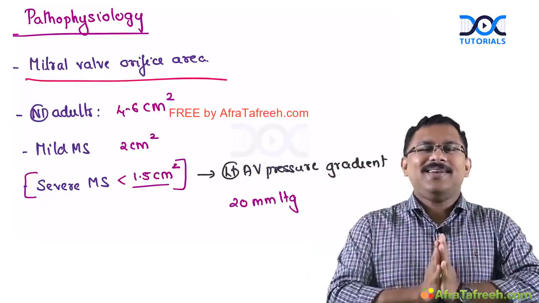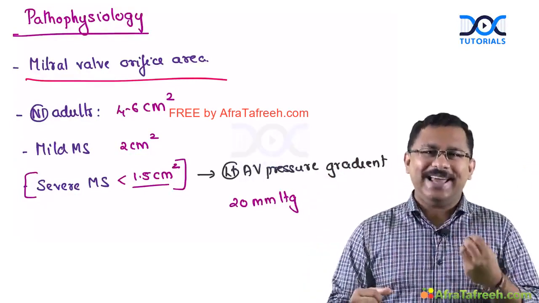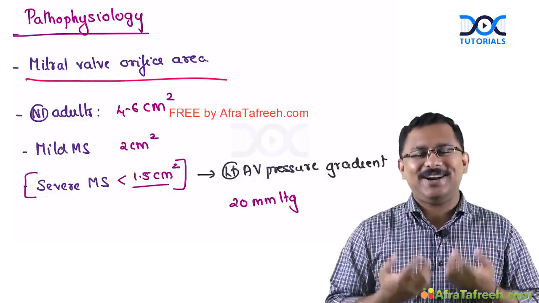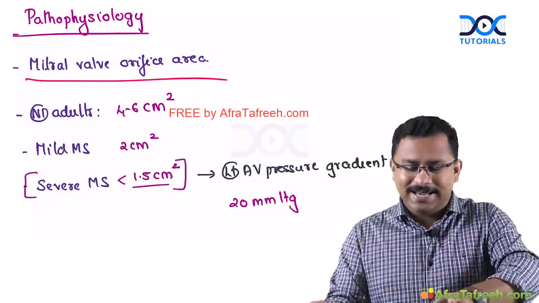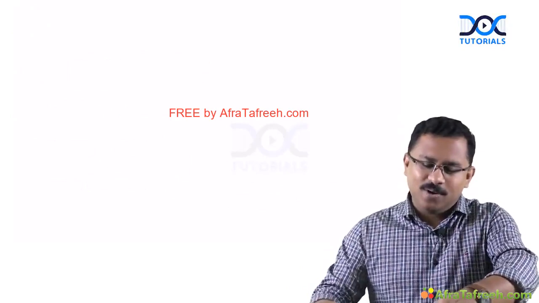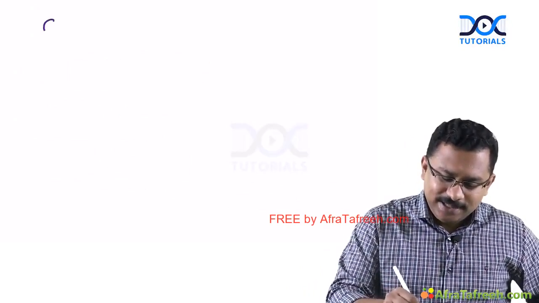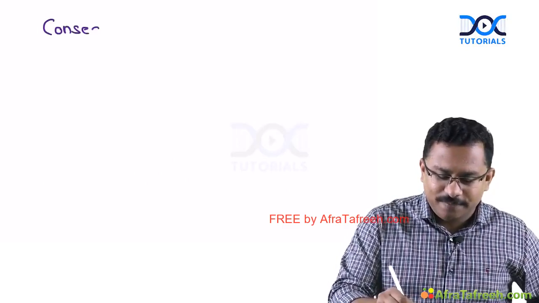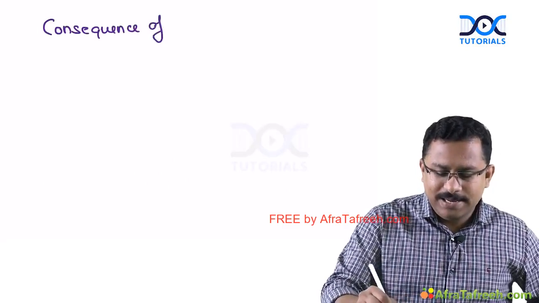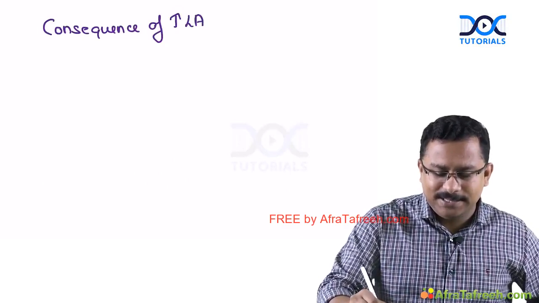Agreed, no? Now what is the consequence of LA pressure? We are learning the pathophysiology and we are trying to understand what will happen once the LA pressure increases. So let's try to see the consequence of increased LA pressure.